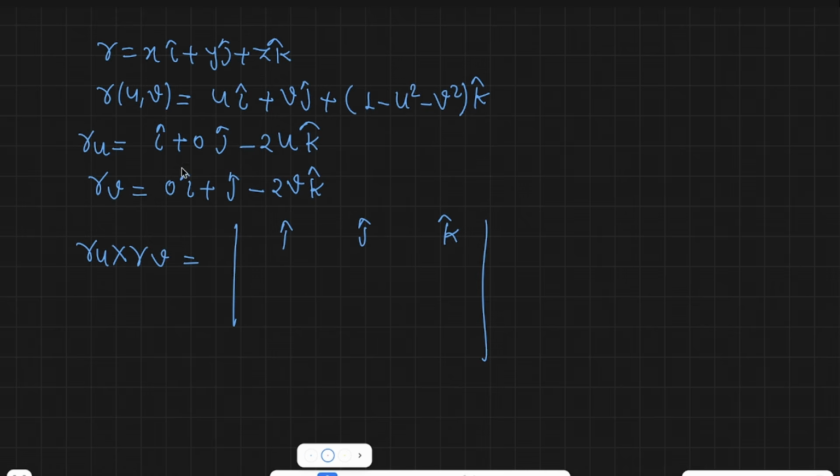So the coefficient of i is 1, coefficient of j is 0, coefficient of k is minus 2u. Similarly here the coefficient of i is 0, coefficient of j is 1, and this is minus 2v. Once you solve this, you will get 2u i cap plus 2v j cap plus k cap.